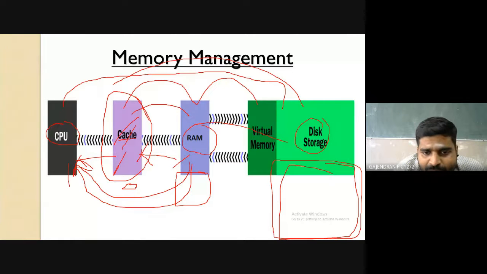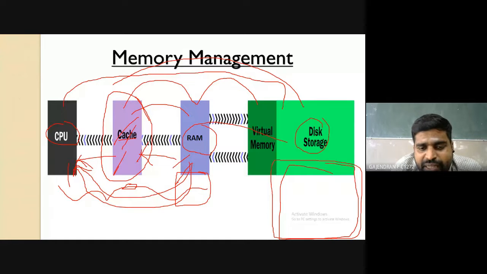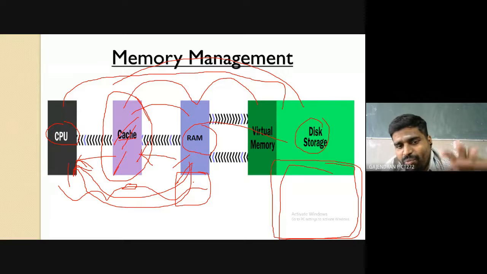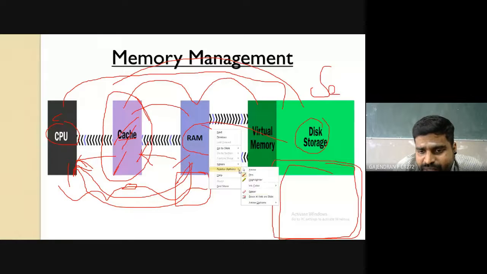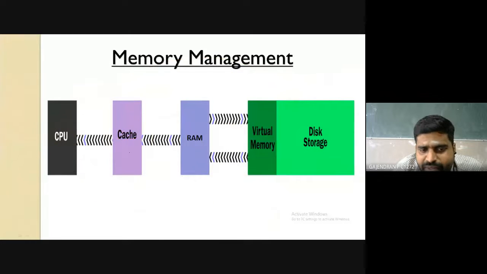These two are almost similar technology, so these two can interact at a synchronized speed. So that is the idea behind why we are introducing a few blocks between your secondary storage memory and your CPU. Okay. Now we will discuss this fellow in detail.